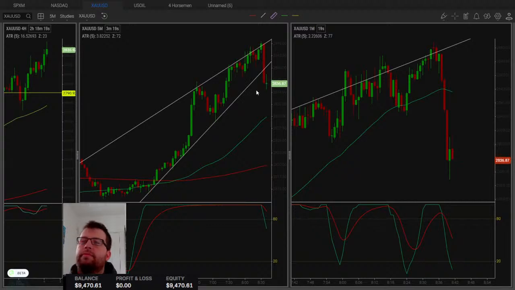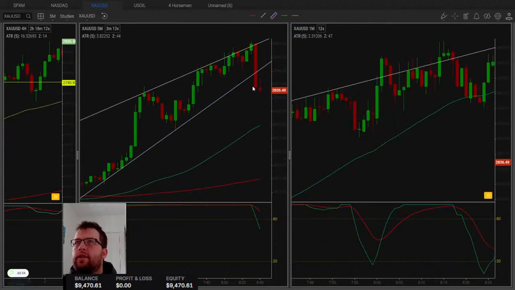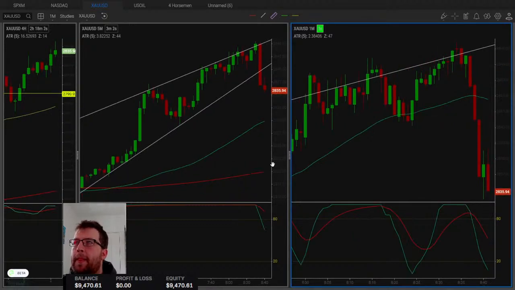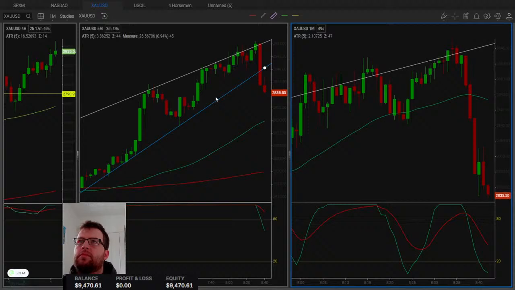So if I were really analyzing this, I'd be thinking breakthrough, probably going to come back to retest, and at that point I'd be looking for it to go make another move down. Yeah, if I wanted to force a trade to the downside, that's what I'd be looking for.